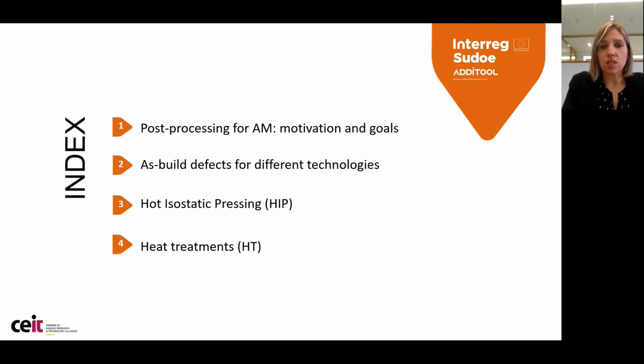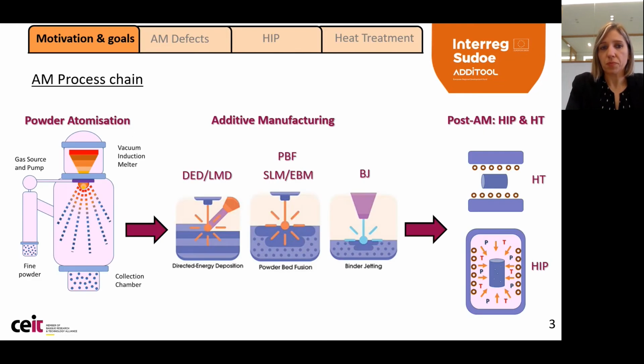We will see that actually this is due to microstructural issues and different defects that we can find after AM processes. And I would like to show several examples of how hot isostatic pressing or heat treatments can help to achieve finally good mechanical properties, but after the whole chain.